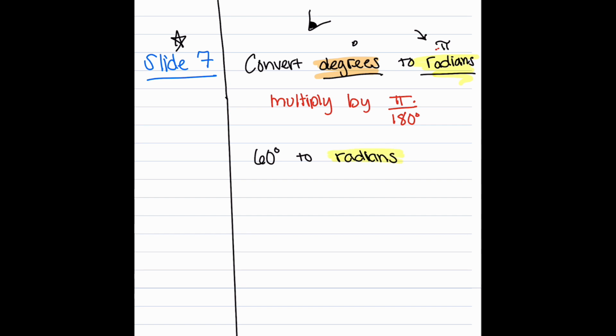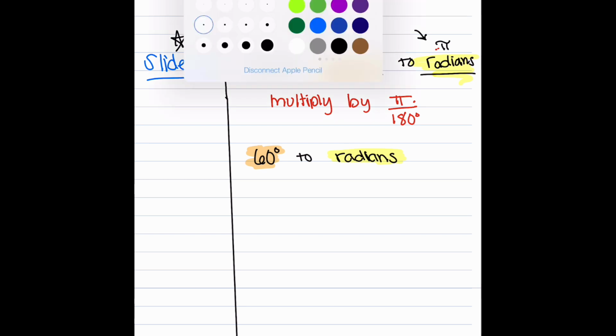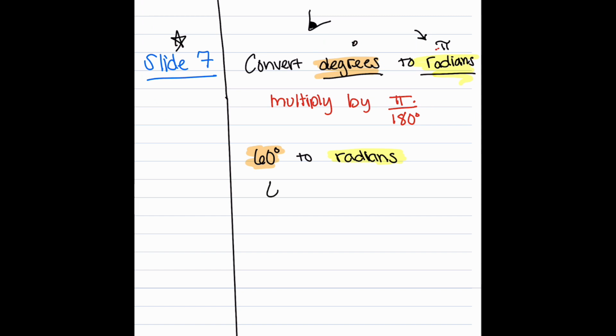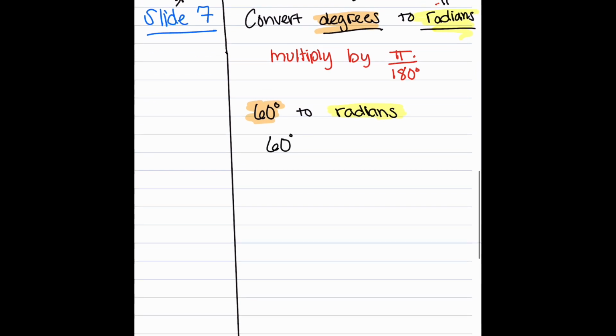So here the example on slide 7, we want to convert 60 degrees into radians. So what is 60 degrees in radians? So what we do is we take that 60 degrees, and I'm going to multiply it by pi over 180.